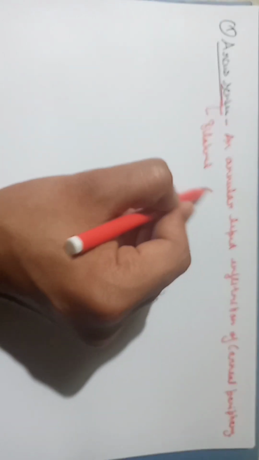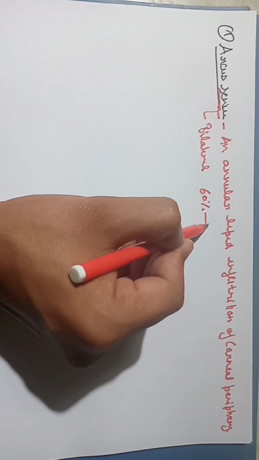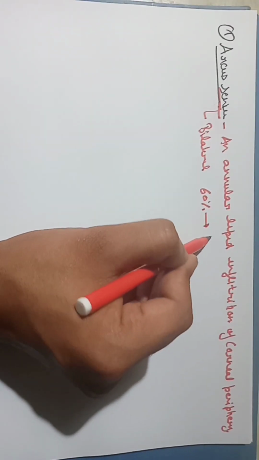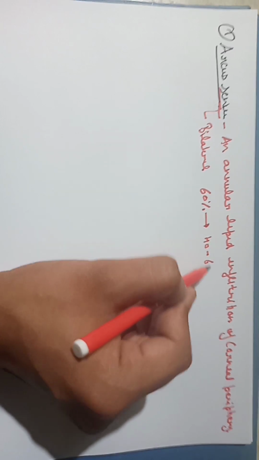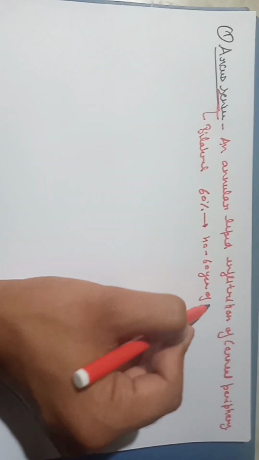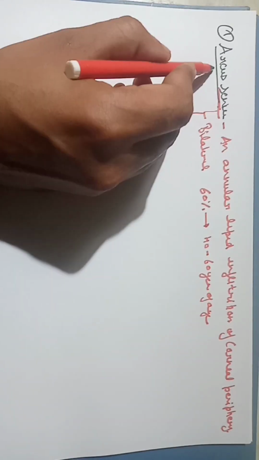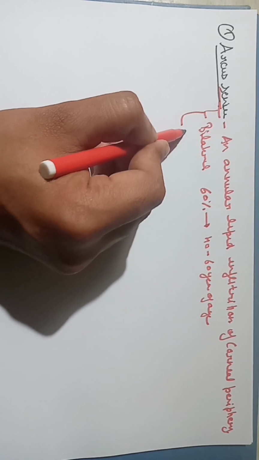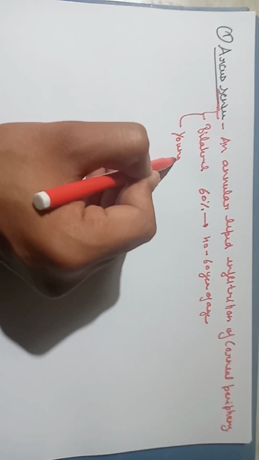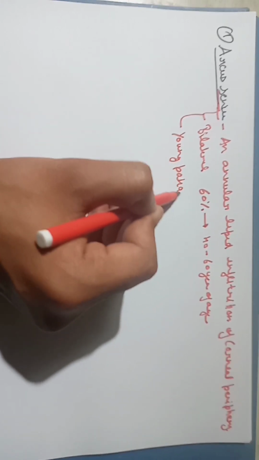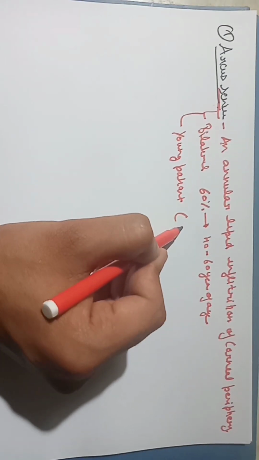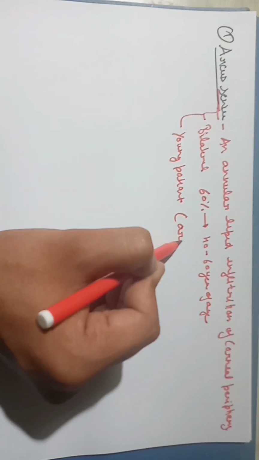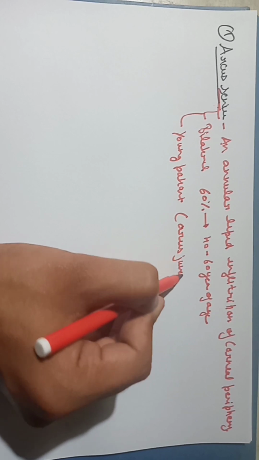In arcus senile, 60% of patients are between 40 to 60 years of age. If arcus senile is seen in a young patient, it is called arcus juvenile.